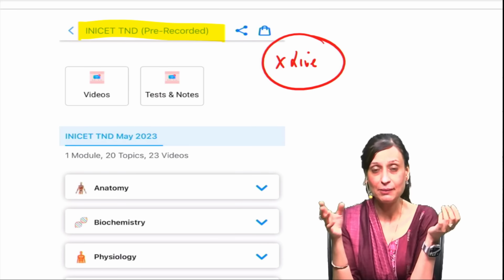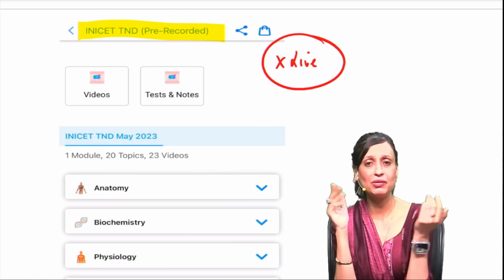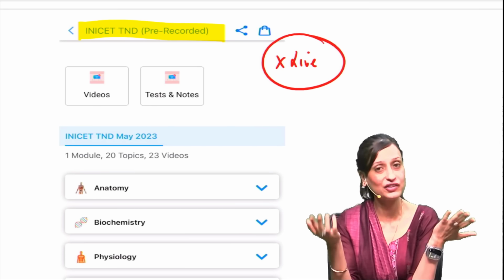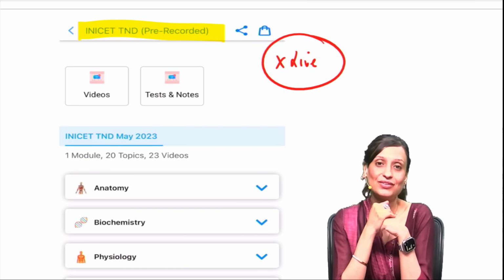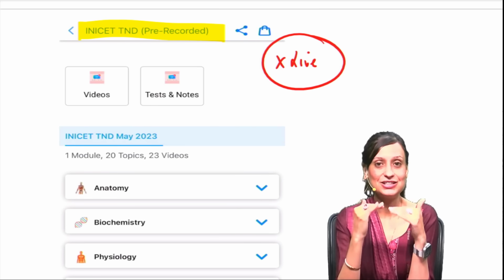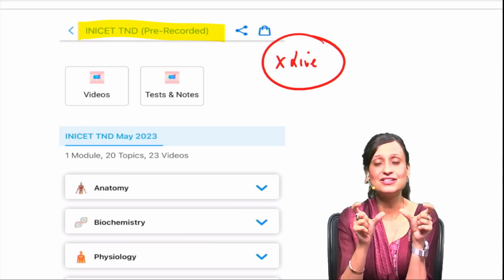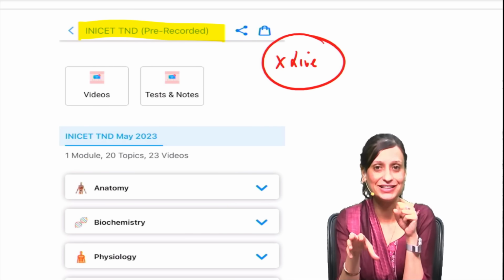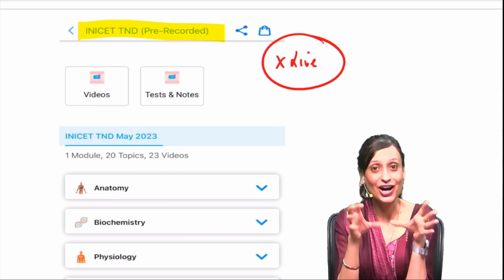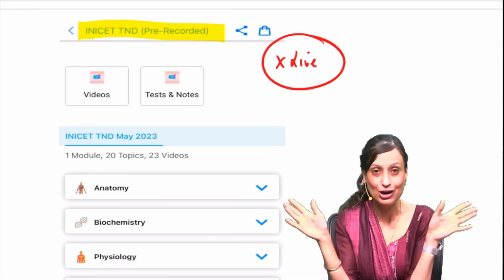Otherwise what happens is you just go on and on preparing for medicine and surgery and forget about the other subjects completely, right? So that is why having set, well-defined targets is very, very essential, and it is an important part of strategy. Believe me, hard work is important. There is no doubt about that.